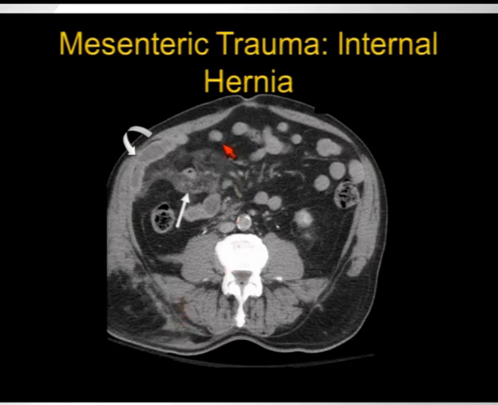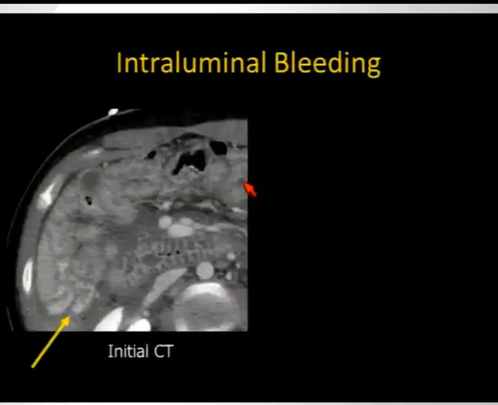In this case, this patient has a rent in the mesentery of the small bowel that has allowed this very long segment of bowel to migrate outside of the peritoneum and be located very close to the abdominal wall. And this patient luckily was able to be operated on and underwent a repair of the rent, but no bowel resection was necessary.